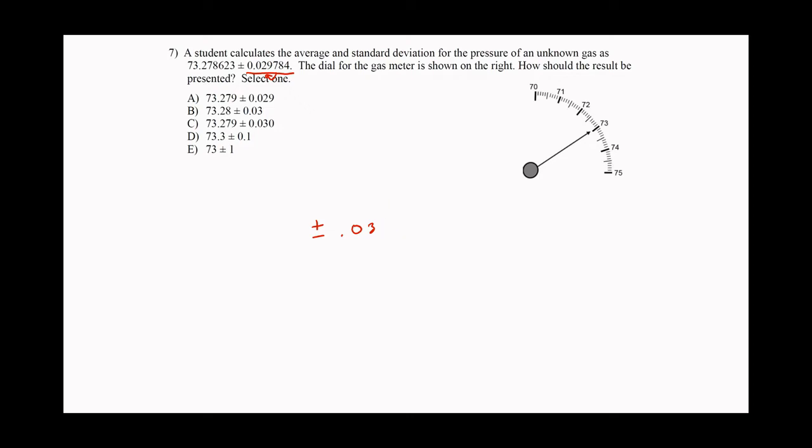Rule number 2. Are we doing better? No, I'm sorry. Our reported answer can't be any more precise than the reported error, right? Our average can't be reported. So it has to be to the second decimal place. So it'd be there, and that'll round it up. 73.28. Rule 3. Are we doing better than our instrument? Well, let's see what the resolution of our instrument is. Let's just pick a point. Okay. What is that reading? Well, it's 73. There's a decimal place.